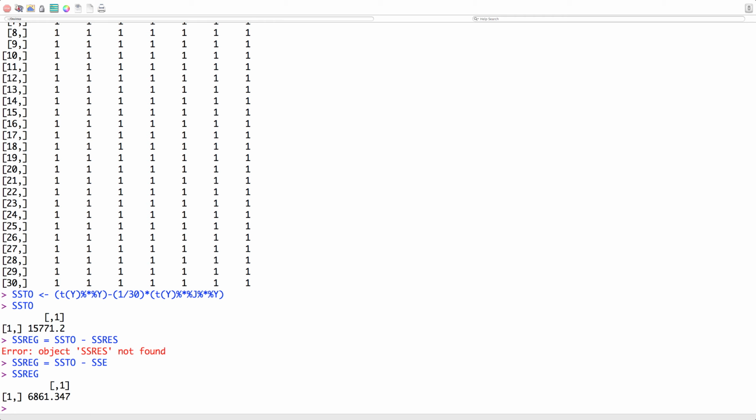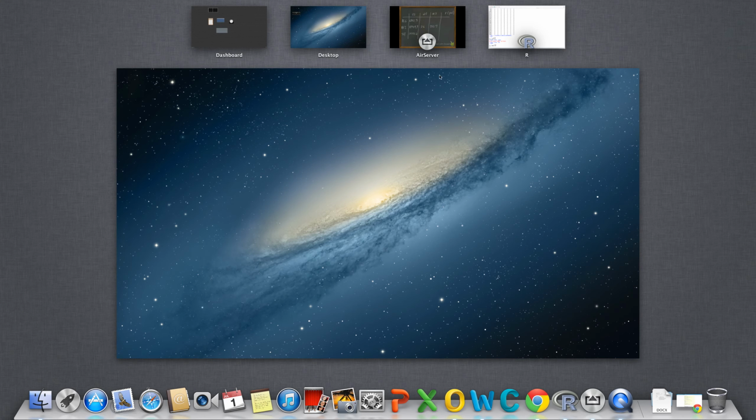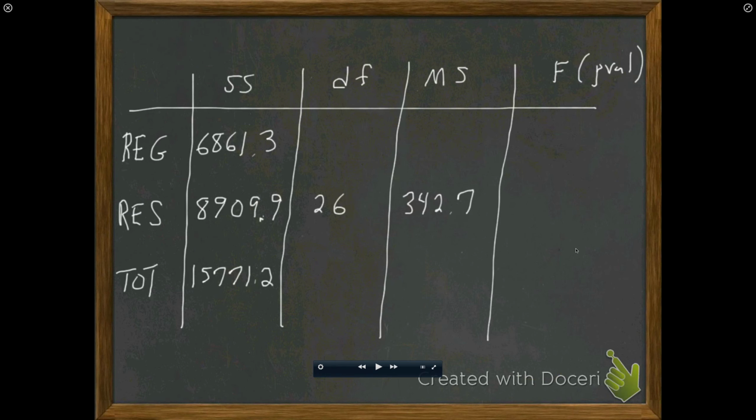So gang, our sum of squares for the regression is going to be 61.3. Now let's go back over to the board.